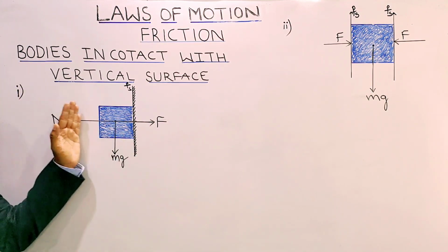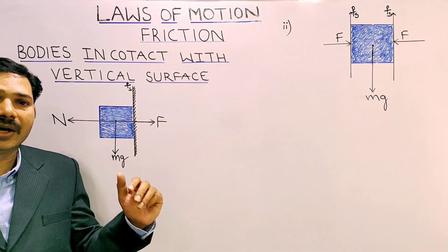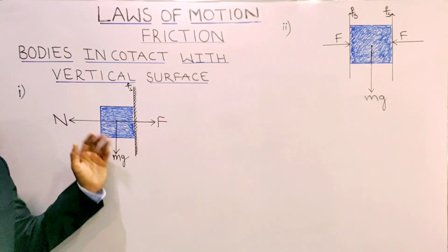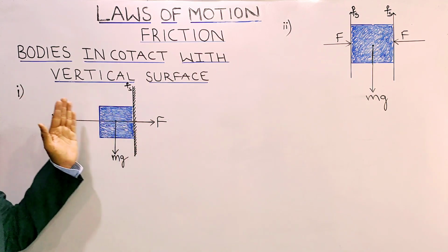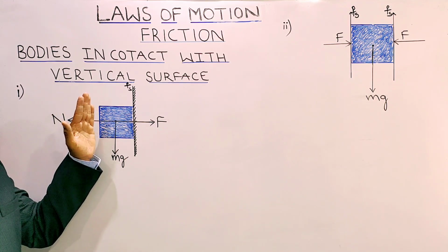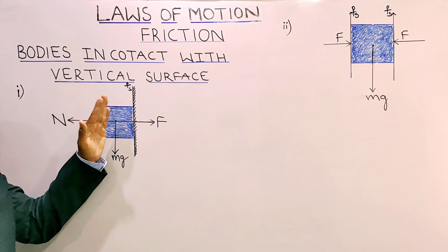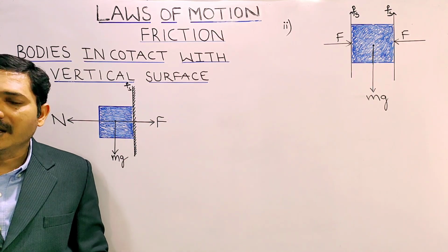In this equilibrium condition, the weight of the body acts vertically downward, that is mg, and the frictional force acts vertically upward. We apply force F to prevent slipping, so the body is in equilibrium.